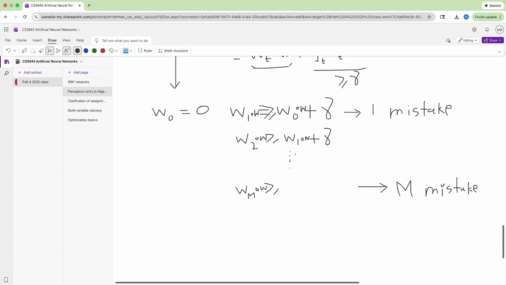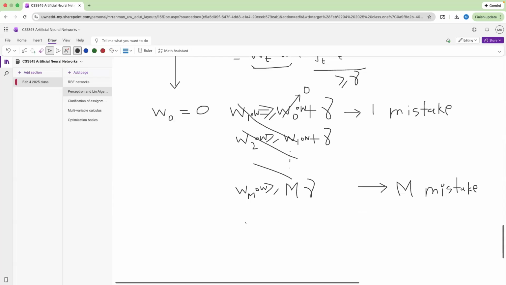If you calculate this, W0 is 0, so this is 0. And if you compute this and add them up, everything will cancel, and you're just going to have these gammas, but there are m equations, so there's going to be m gamma, right? So that's going to be on your right hand side.